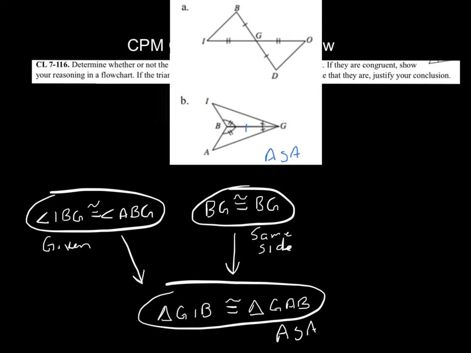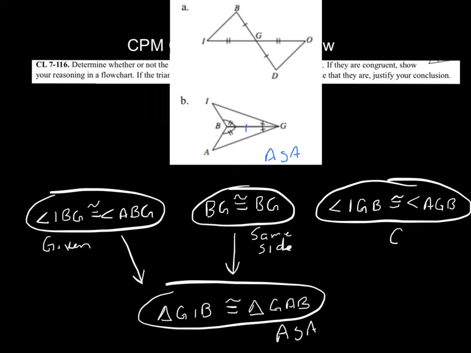So, we have those, and then we have our last angle. So, angle IGB is congruent to angle AGB. And that was also given because it was in the picture. If it's in the picture, without us doing anything, just looking at it, oh, there it is, then it's given.